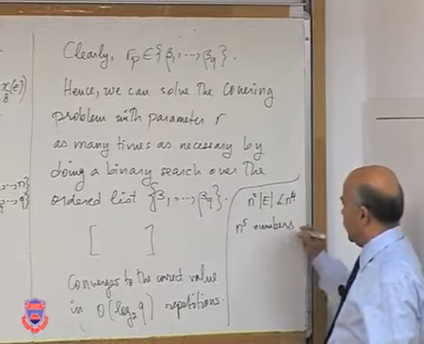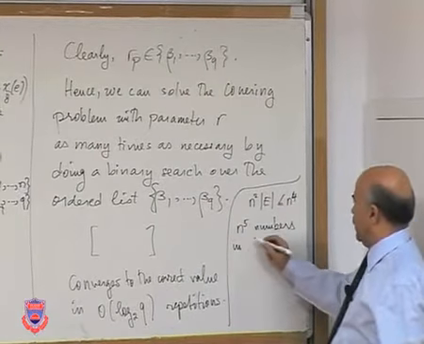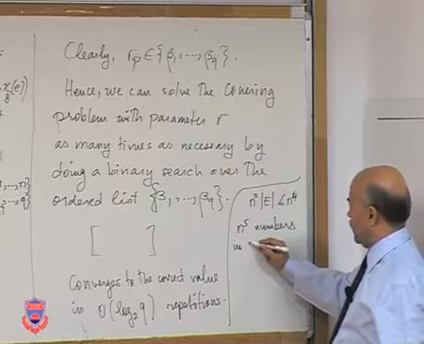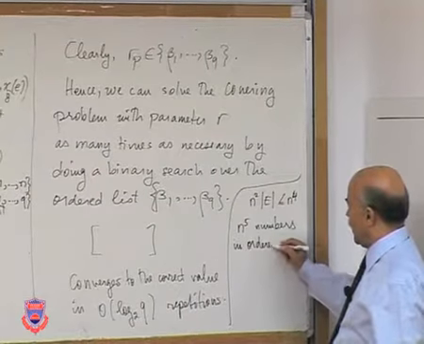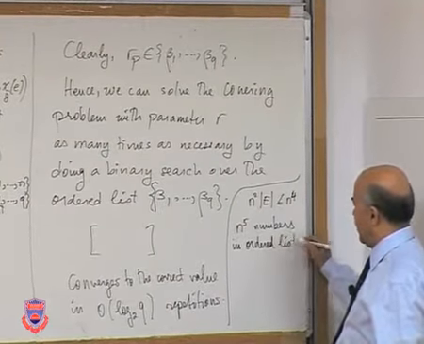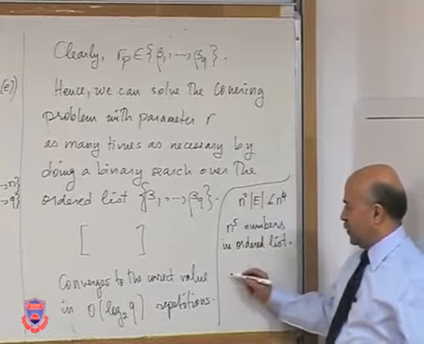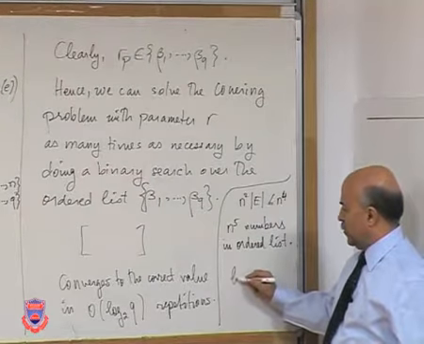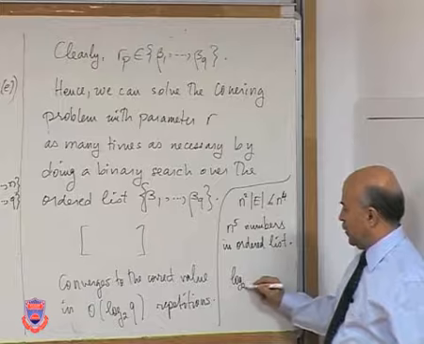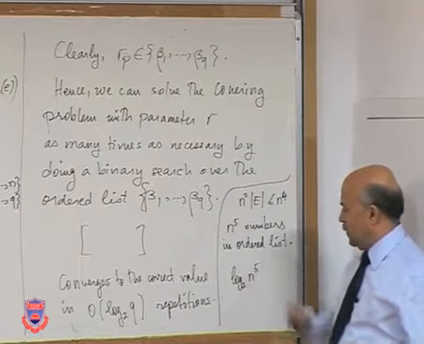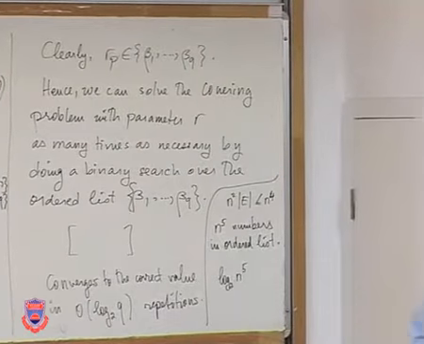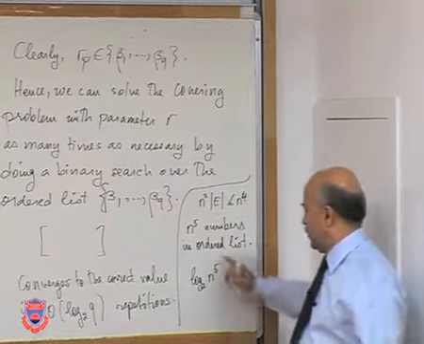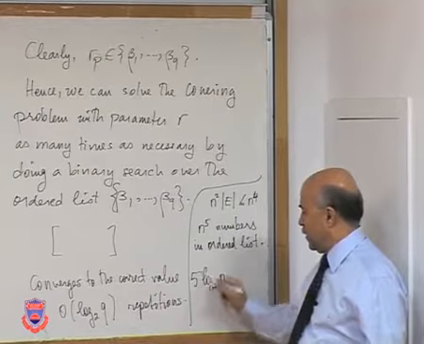N to the 5 numbers in the ordered list, which means we're talking about log 2 of n to the 5th, which gives you that much.